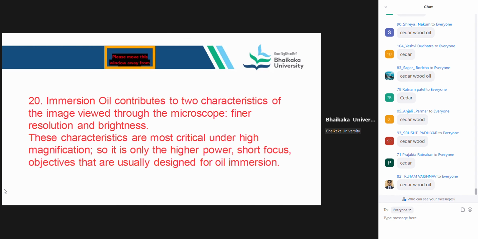Which are these two characteristics? One is resolution, and second is brightness, by which it helps to identify the structure very easily. These characteristics are the most critical under high magnification. It is only the higher power, short focus objectives that are usually designed for oil immersion.